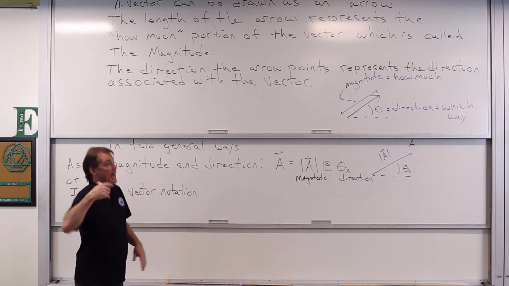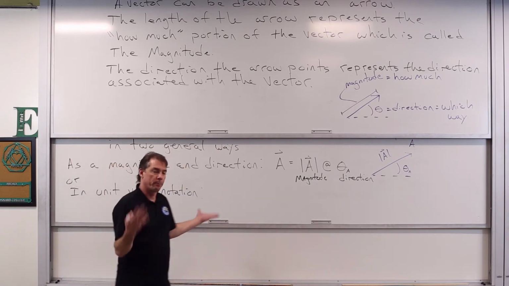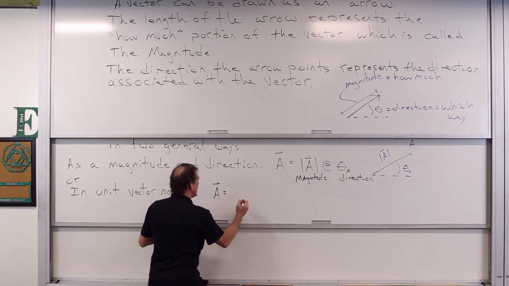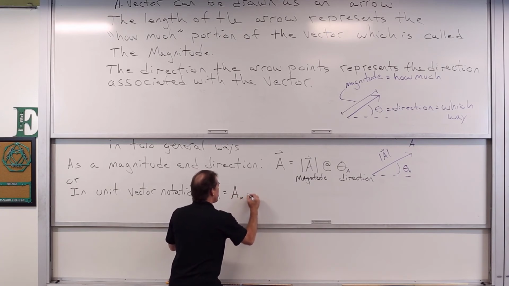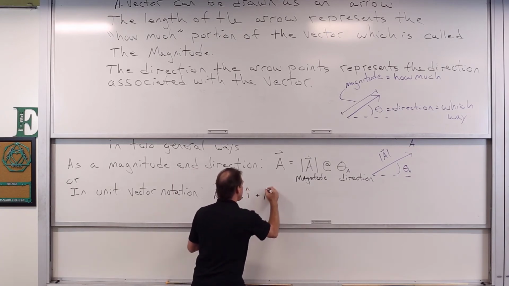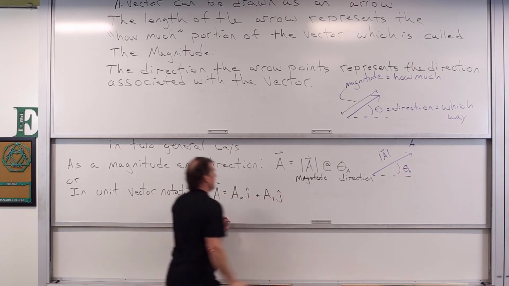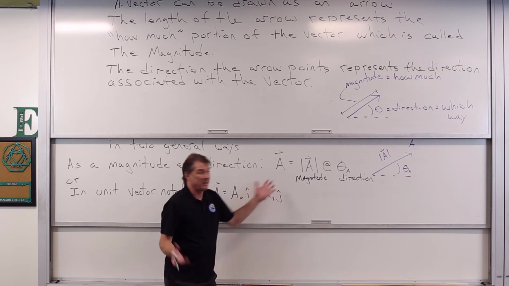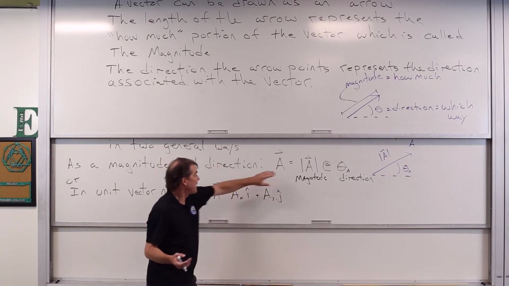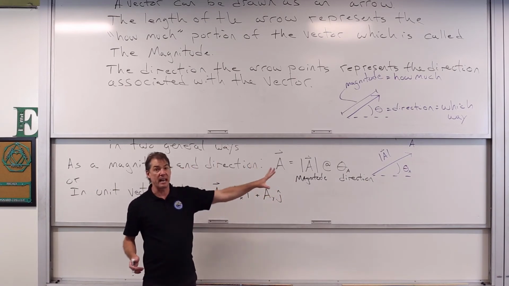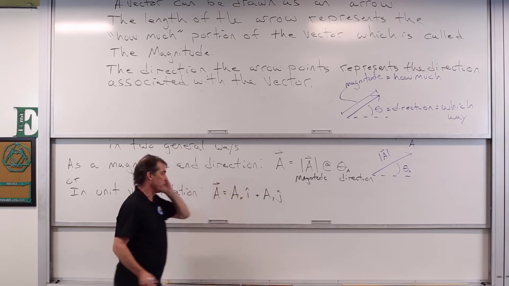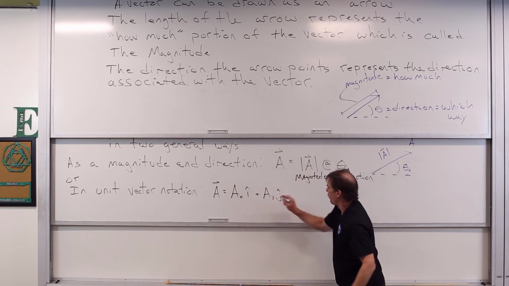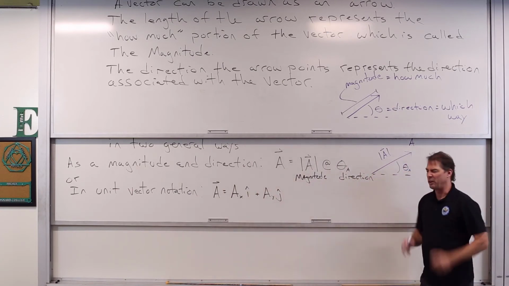Typically we're using x direction and y direction, perpendicular to one another, so we can write this. A hat is equal to a sub x i hat plus a sub y j hat. So this looks a little bit different than this, right? Well, it's a different representation of it. But these 2 ways can express the same vector itself. It's 2 different forms.